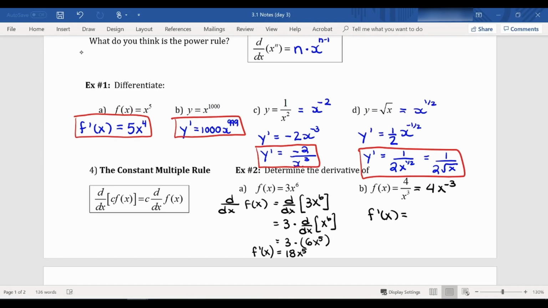So I'm going to drop that -3 down, multiply by 4. That gives me -12x. If I reduce that exponent by 1, I get -3 minus 1, which gives me -4. Again, I can choose to rewrite this as a positive exponent by leaving this as -12 over x to the power of 4.